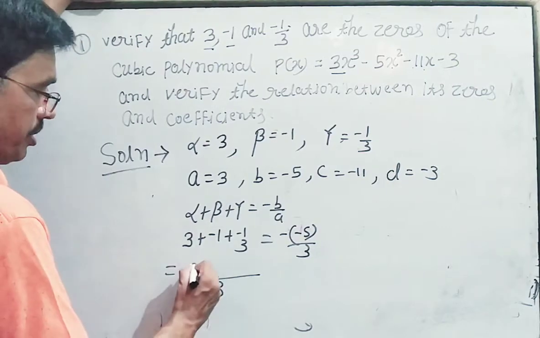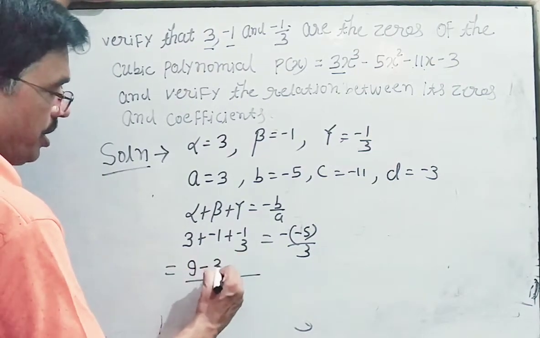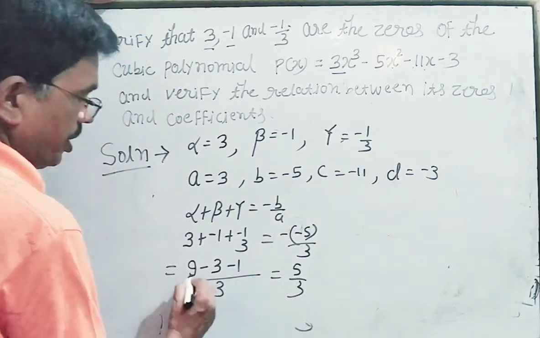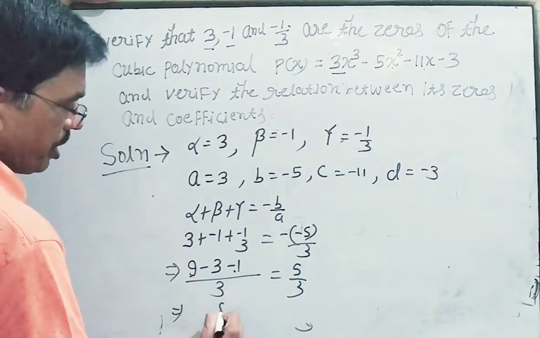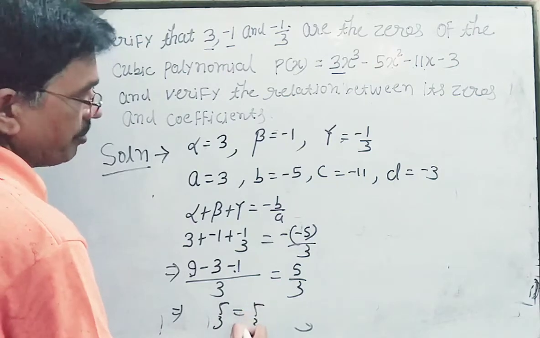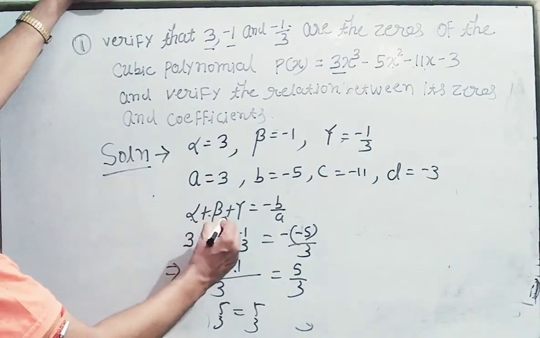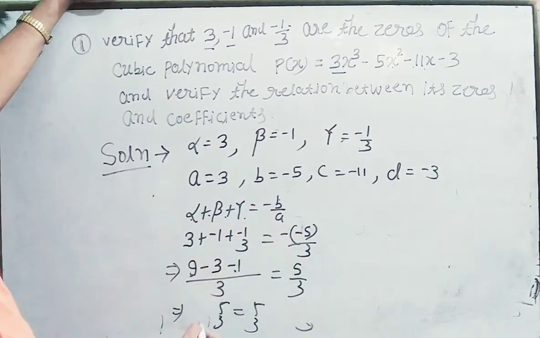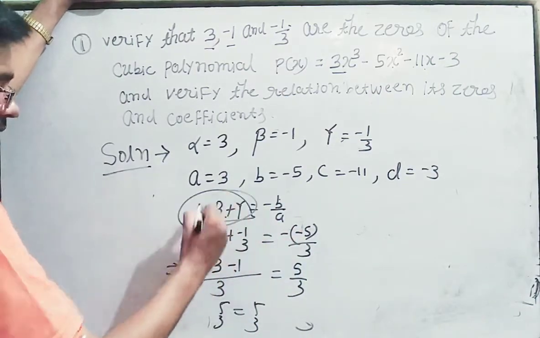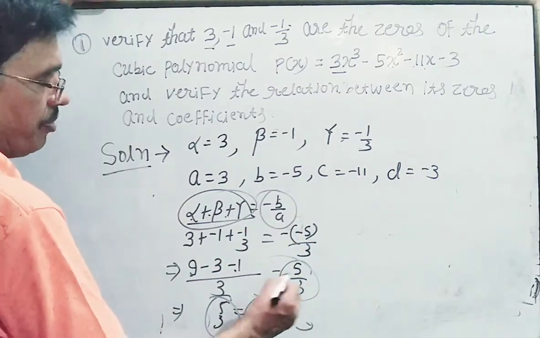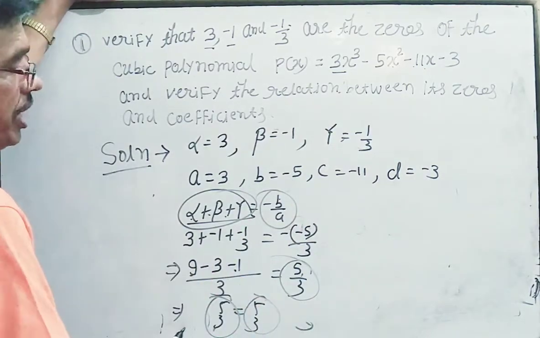Here is 9 minus 3 minus 1. Here is plus 5 by 3. You solve it, then you also get 5 by 3 is equal to 5 by 3. So it verifies the relation: alpha plus beta plus gamma is 5 by 3 and minus B by A is also 5 by 3. Then both are equal, so it verifies the relation.